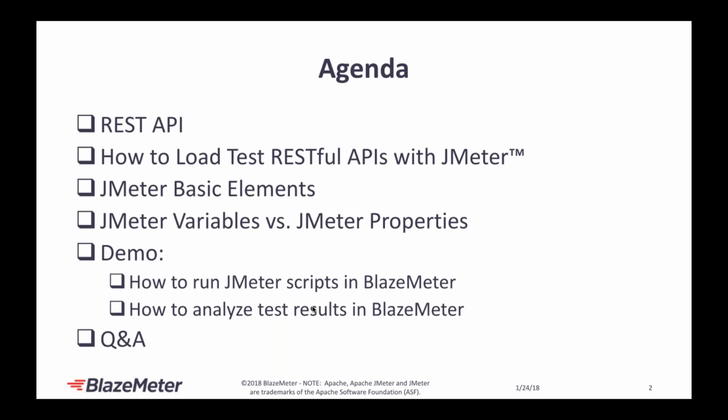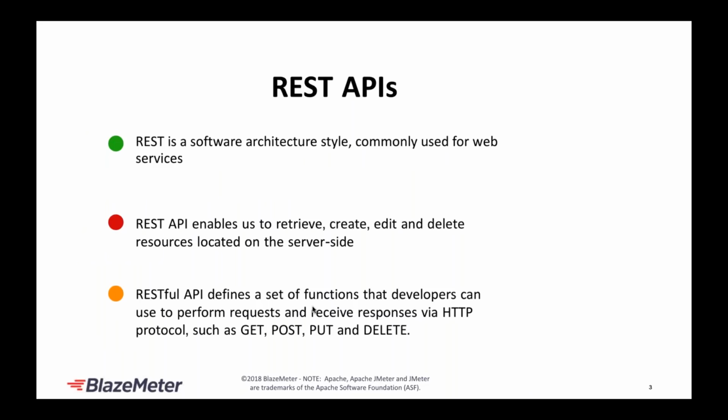Let's start. So, REST APIs. What is it first? REST is a software architecture style commonly used for web services. It's an API that enables us to create, edit, retrieve, delete, and do different modifications for resources that are located on the server side, and we need to reach them.